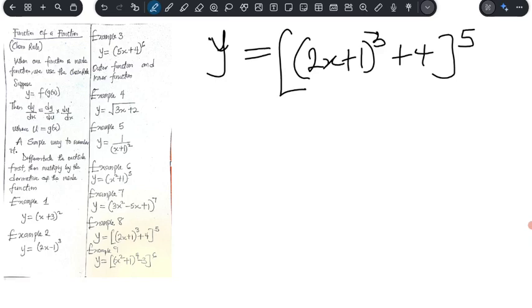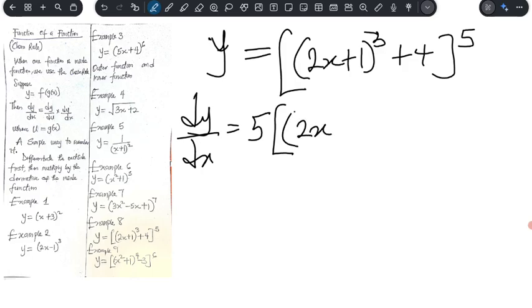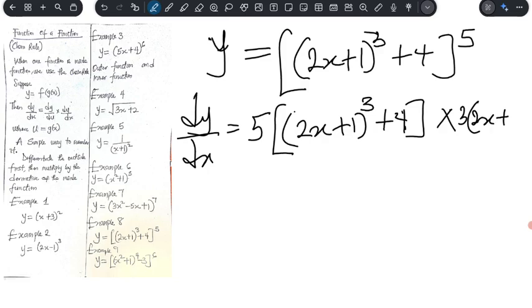So therefore, you say dy/dx, the most important one is the outside function, which is 5 onto the inner function (2x plus 1) raised to power 3 plus 4. You will complete it, the inner function. Now to multiply, let's continue seeing the inner function. The inner function also has an outside function, which is 3 onto (2x plus 1) all raised to power 2.